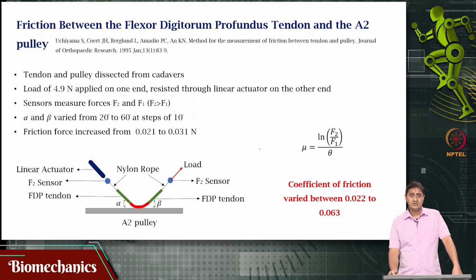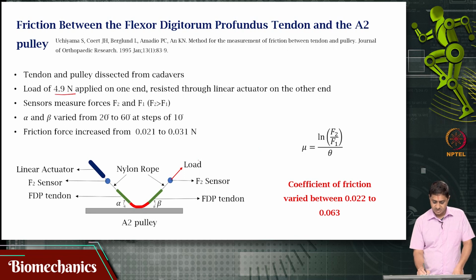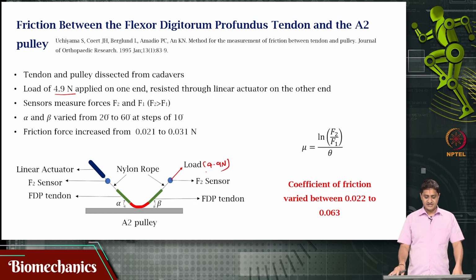They took the pulley and the tendon, harvested from cadavers, and they applied a known load of 4.9 newtons at one end of the tendon.